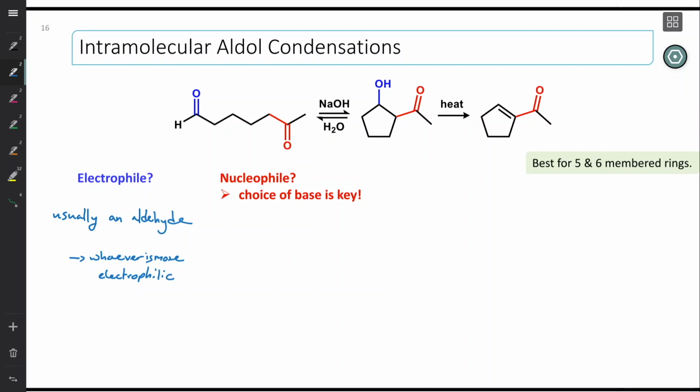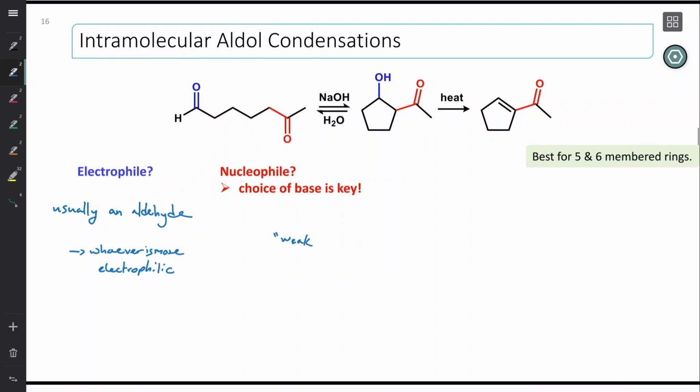Now with the nucleophile, it's going to depend on the base, right? So if we have a weak base or unhindered base, this is referring to an NaOR or OH or NaH, right?